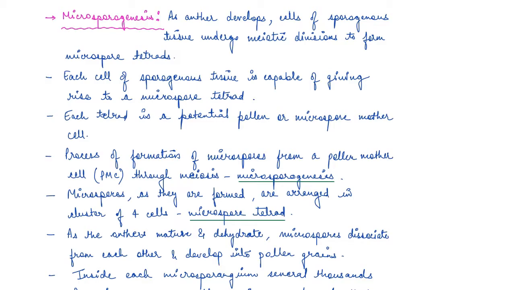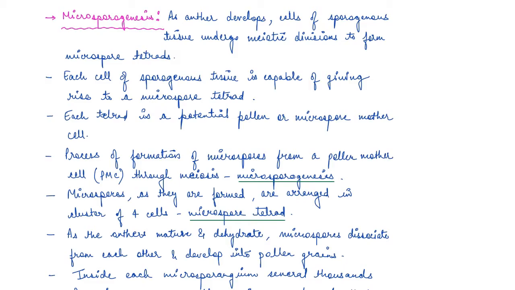Now, what exactly is microsporogenesis? We are going to cover microsporogenesis first, and then we'll see the structure of a pollen grain. As the anther develops, the cells of the sporogenous tissue undergo meiotic division and form microspore tetrads.